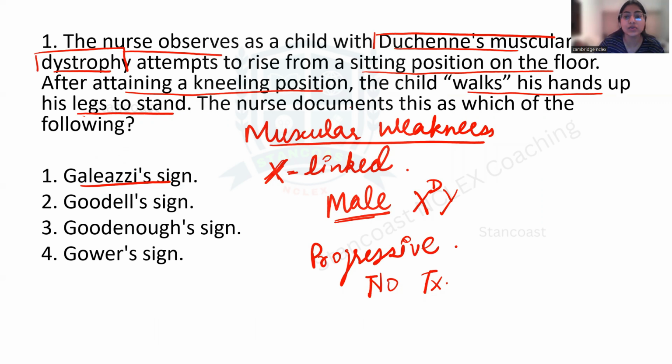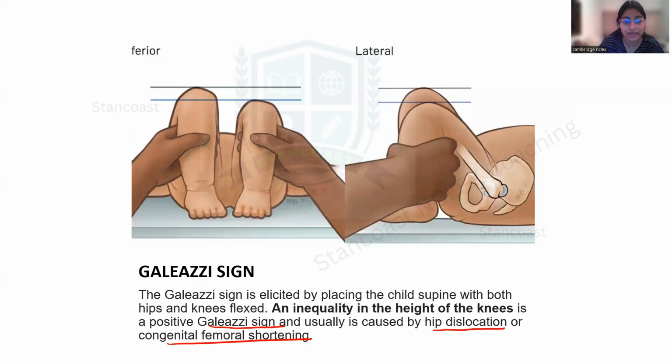In the question it has been given that the child is trying to stand, and before standing he is using his hands to walk. But for the Galeazzi sign, a physician will make the baby lie in a supine position, and then the physician will measure the height of the knees. If one knee is higher than the other, it means there is not a proper alignment, and inequality in the height of the knees is a positive Galeazzi sign.